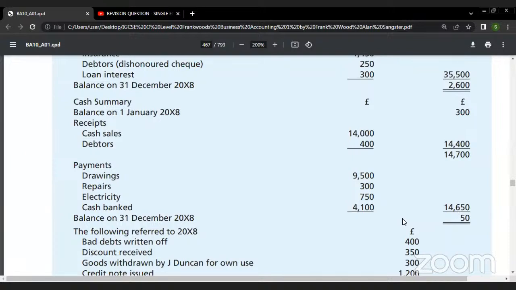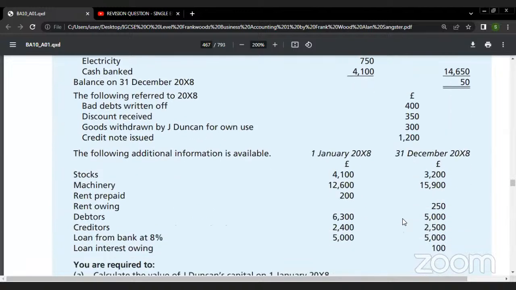Yeah, it is 300 here. But then they are telling us that there is loan interest owing of 100. So it is 400.